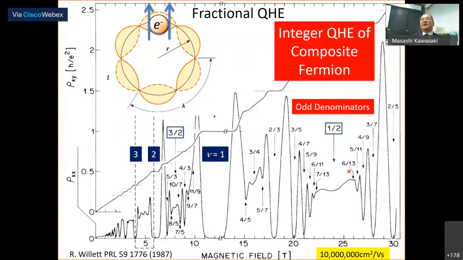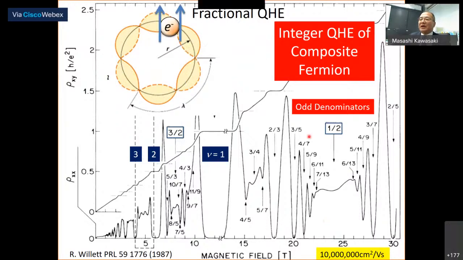And this is thought to be an integer quantum Hall effect of composite fermions. This movie is very strange, but it should rotate on the circle. But 2 electrons are attached to a single electron, and this looks like 1/3 of the charge for a single particle. And that's why 1/3 is a very fundamental fractional quantum Hall state.